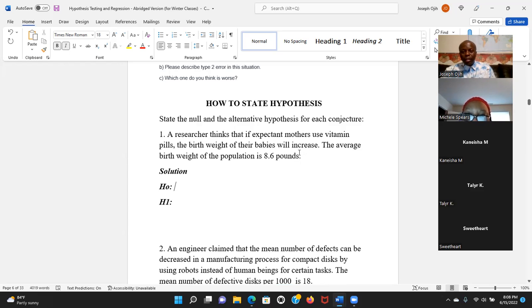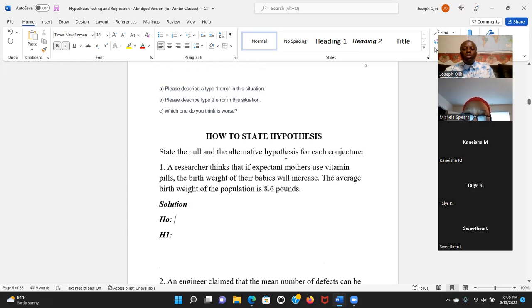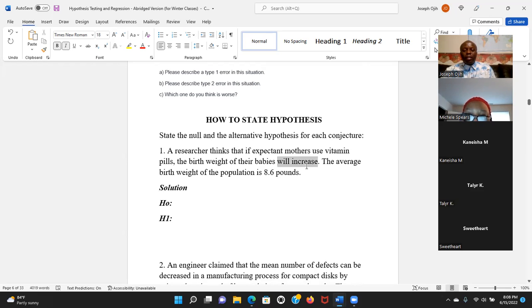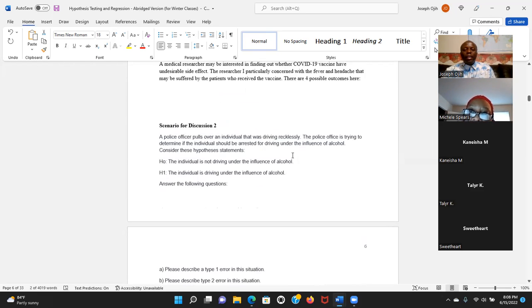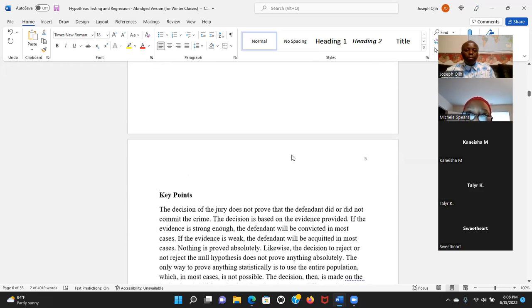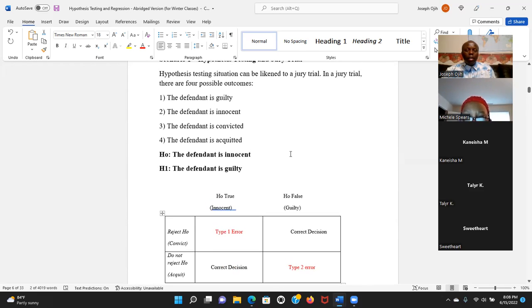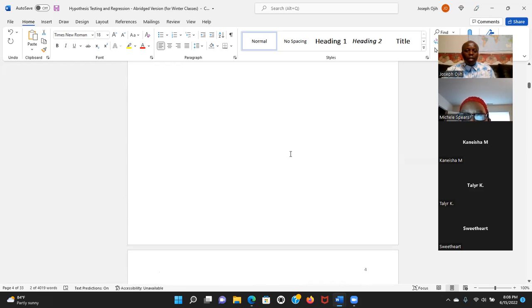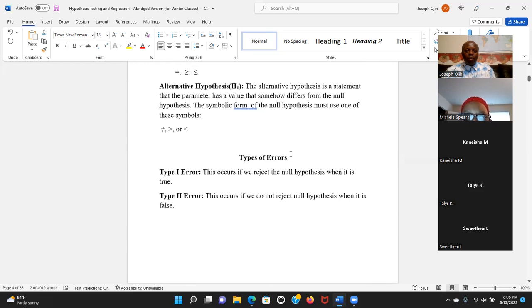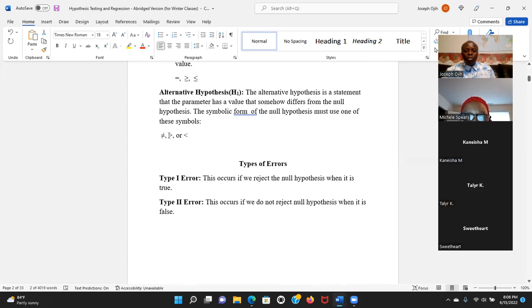See, will increase. And remember, you can only use will increase to mean greater than, right? And you can only use that in the alternative hypothesis.